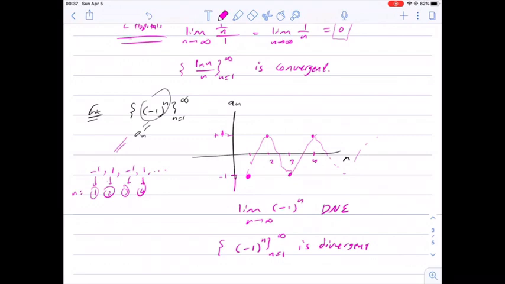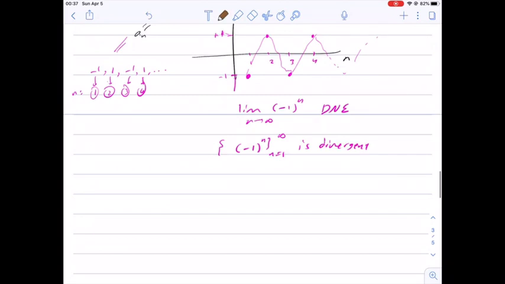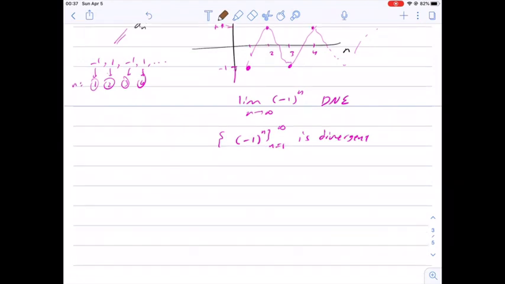Now we have another concept. We can classify sequences into increasing and decreasing sequences. So we say the sequence a sub n is increasing if a sub n, the nth term, is less than the n plus 1 term for all n greater than or equal to 1.